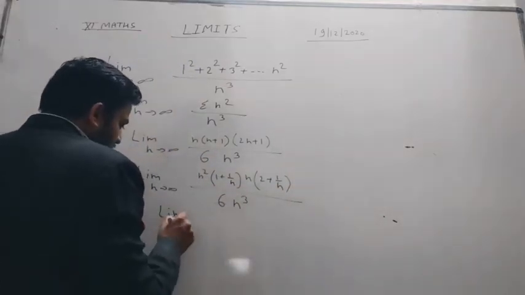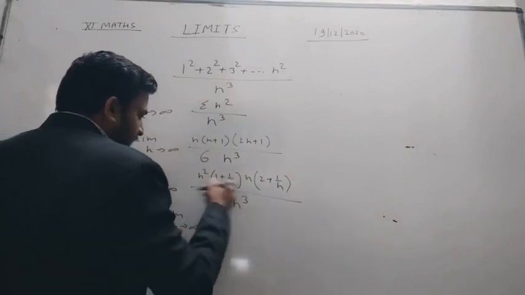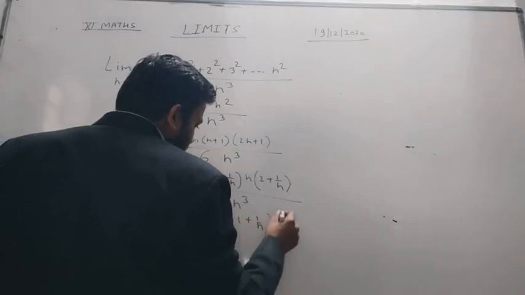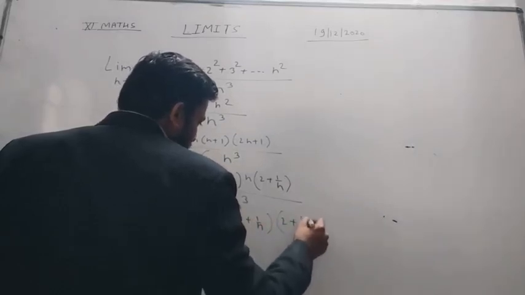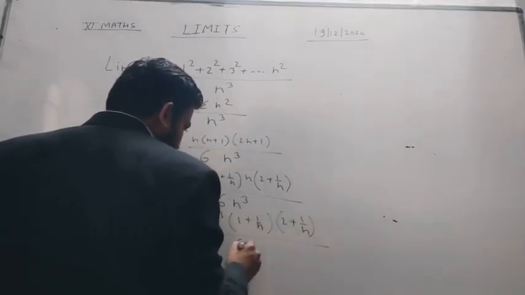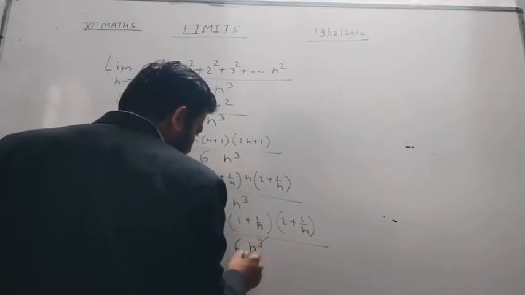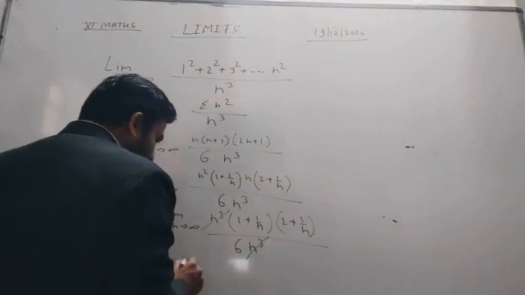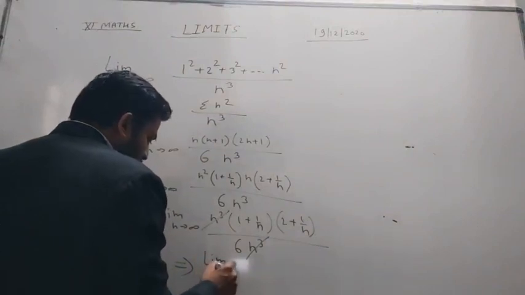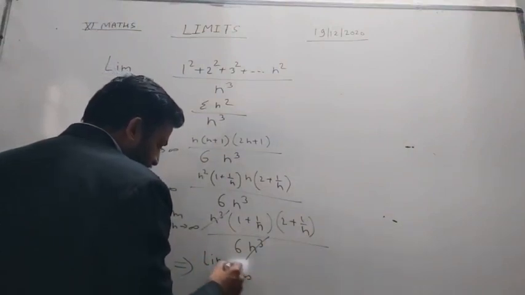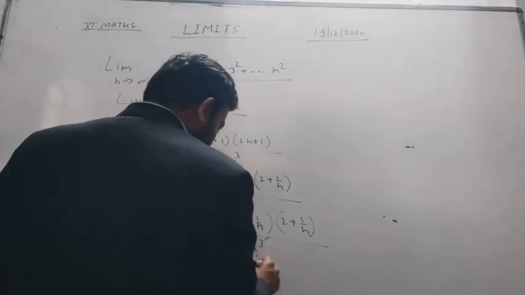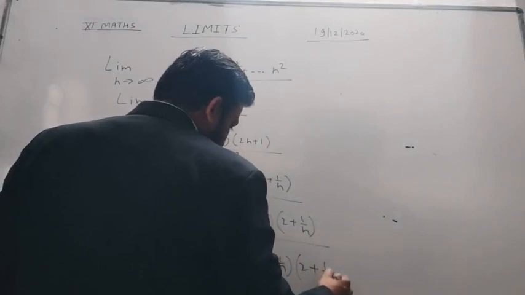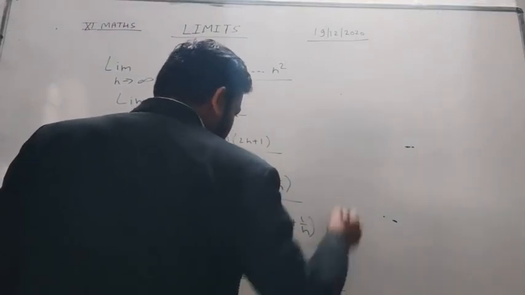So limit n tends to infinity, it will be n cube into 1 plus 1 by n, 2 plus 1 by n, by 6n cube. So n cube and n cube cancel from here, and we get limit n tends to infinity, 1 plus 1 by n, 2 plus 1 by n by 6.